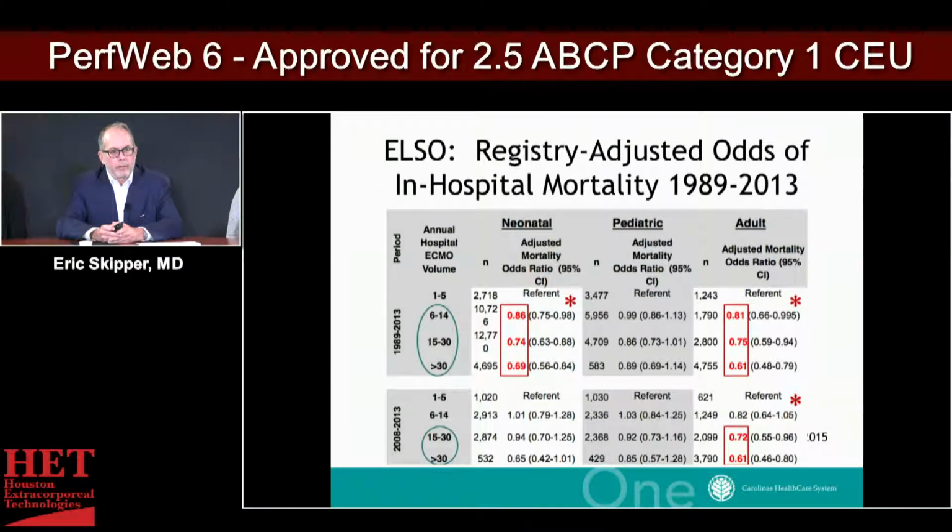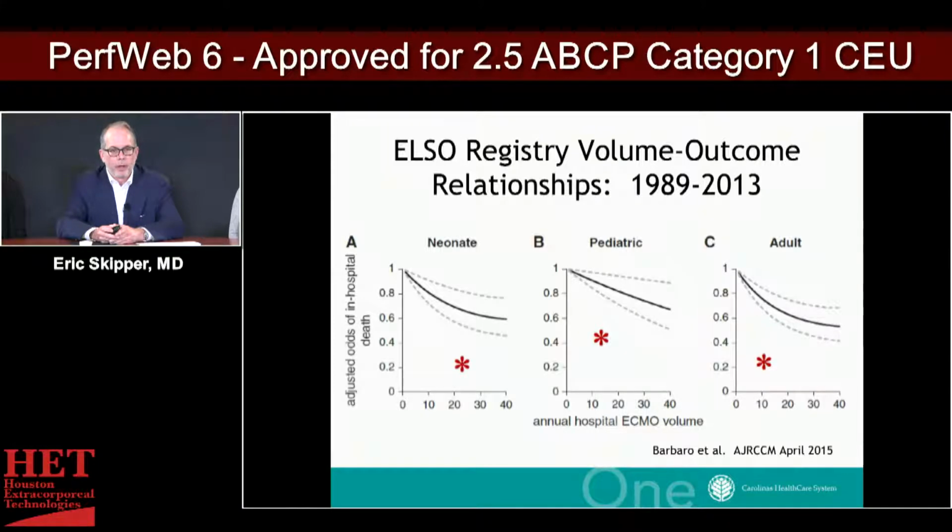If you look at the more recent era, 2008 to 2013, you see less of a change except in the adult area, but in centers that do 15 plus ECMOs. It's less dramatic than it was in the longer cohort. And I think that's because things have gotten better and more predictable.